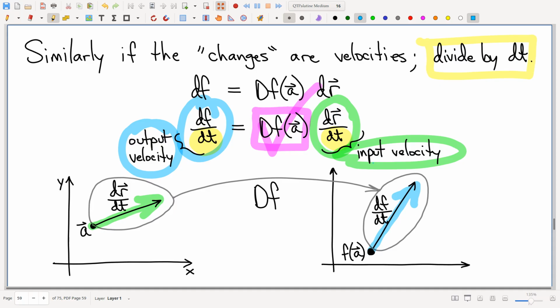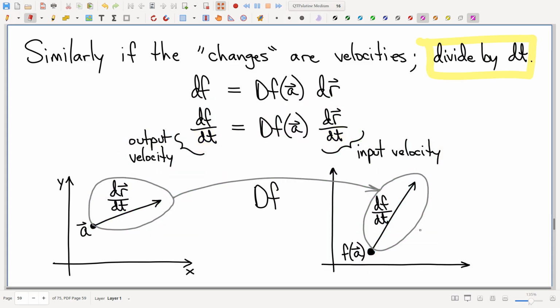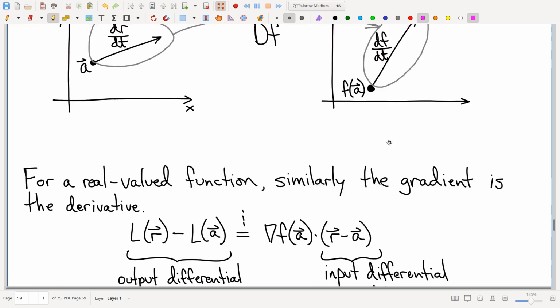And so you can kind of generalize both of these ideas as the derivative relates input vectors to output vectors. That's a reasonable take. Okay. And just to flesh out, there we go. Everybody happy? Good deal. Okay, moving along.